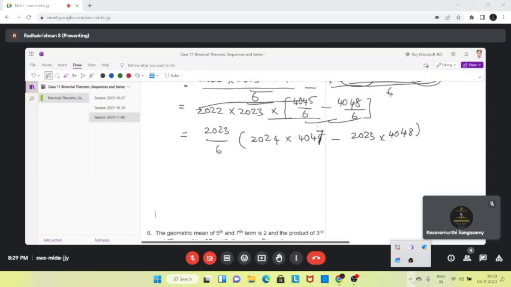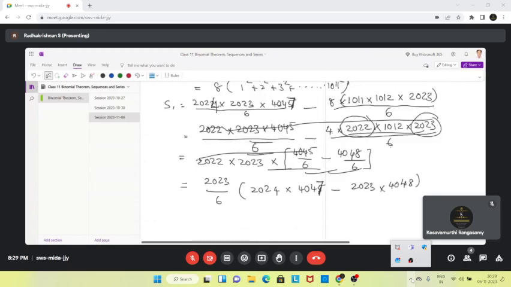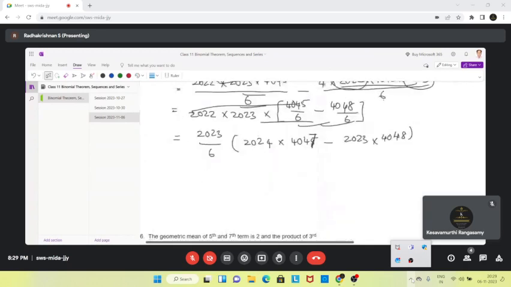So probably we can use a calculator and solve it. So here you see in these two terms you can take this 2024 common.